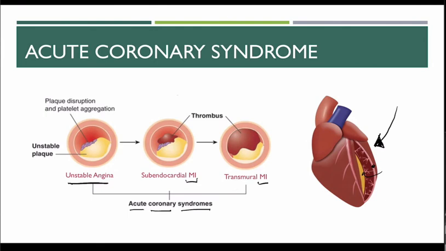Let's try that again. This is the lumen. There's some lumen still available. So there is cell death because it's an MI. Myocardial infarction means there's going to be cell death. But the area furthest away in terms of the ventricle wall, the endocardium, is where the cell death will take place. As opposed to a transmural MI, where the whole thing is clot. It's a complete occlusion. It's a full thickness MI.